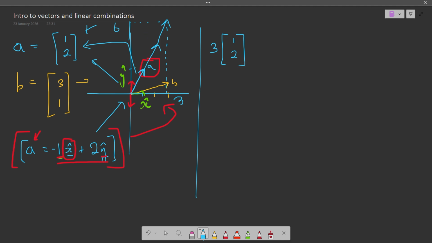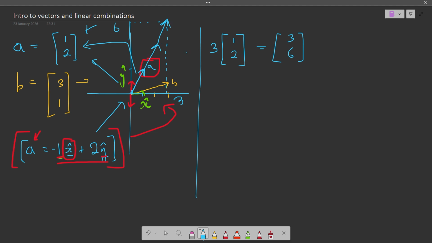So scaling the vector A, which is 1, 2, by 3, we got a vector that starts at the origin and points toward the point 3, 6. Scaling a vector is nothing but increasing its magnitude by some factor.